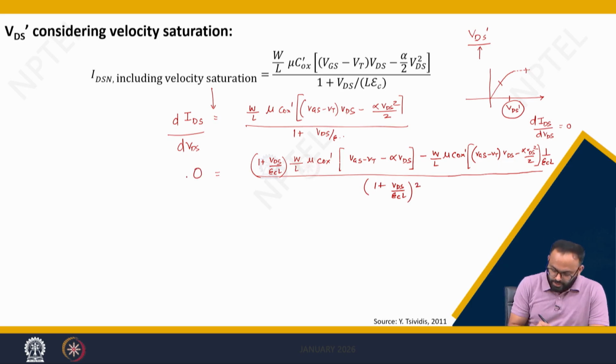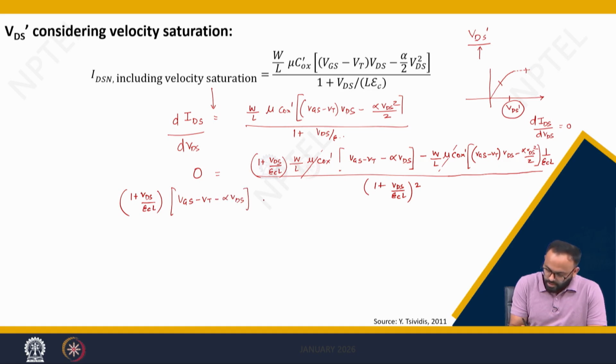When you equate to 0, this factor will cancel out, and hence you will get 1 plus Vds divided by Ec into L, into Vgs minus Vt minus alpha into Vds, minus Vgs minus Vt into Vds minus alpha Vds square divided by 2, into Ec into L divided by Ec into L, equals 0.